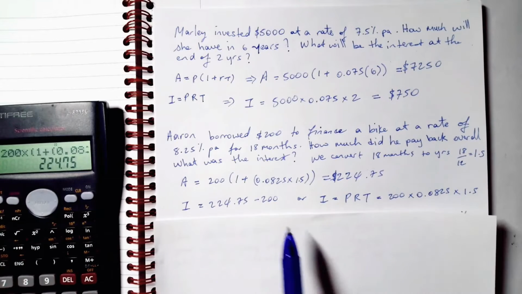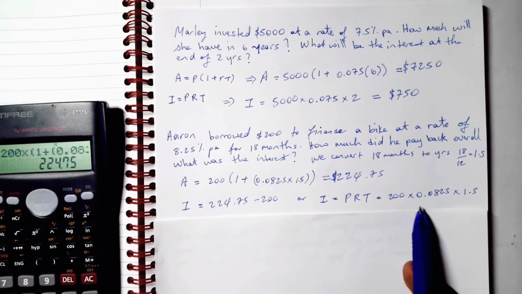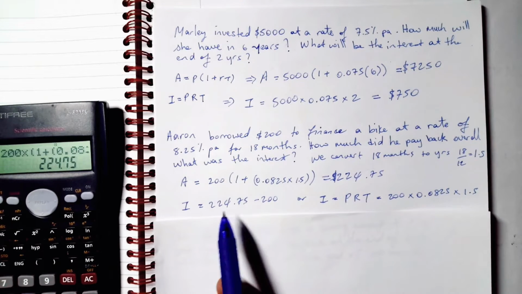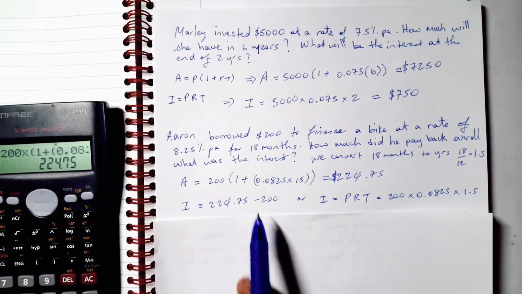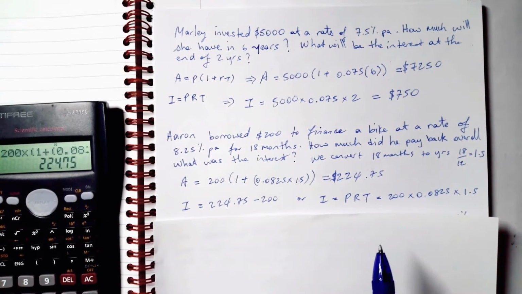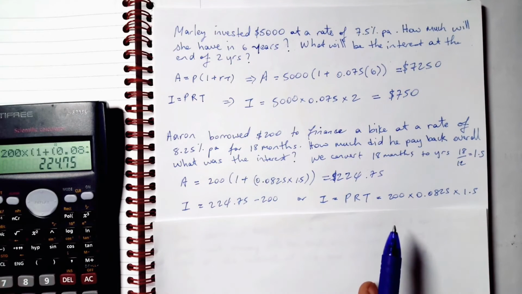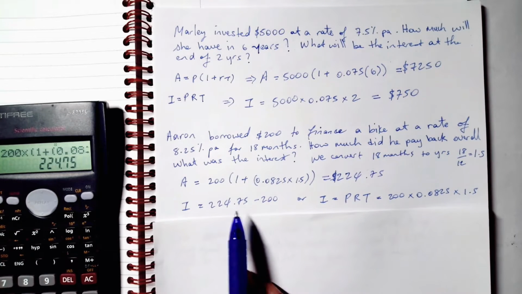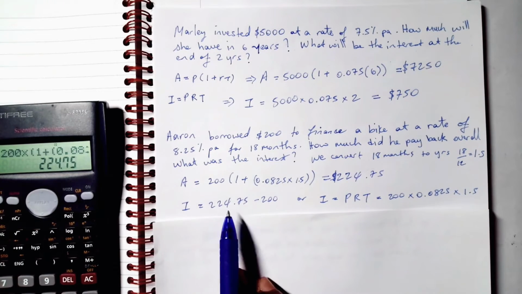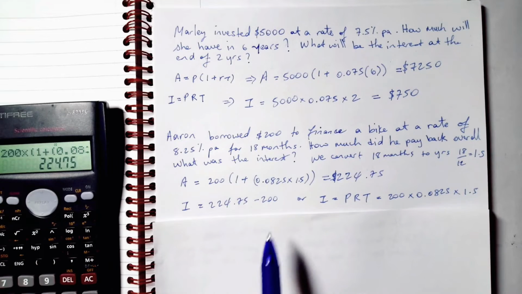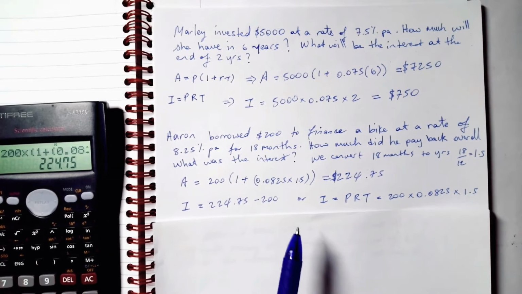We can calculate our interest either way. I don't have any space to write the answer here, but you can throw it in your calculator. 224.75 minus 200 is equal to 24.75. You guys can cook that out for me.